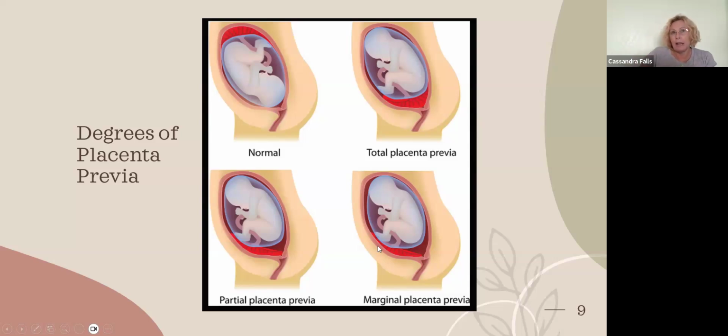But at any point that the bleeding starts to become excessive, this patient is an emergency C-section, not an urgent one. This is one that you have the surgery table set up and waiting for.